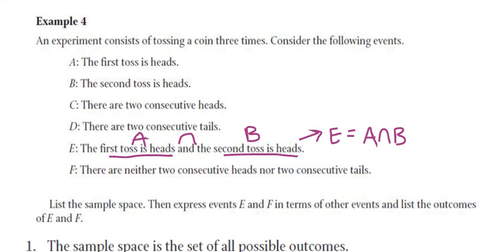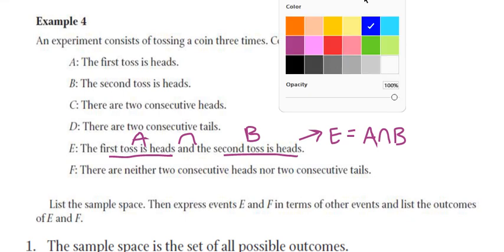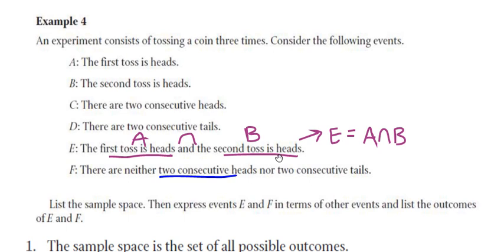Now here, the third one, or C here says there are 2 consecutive heads. D says there are 2 consecutive tails. Well, F says there are neither 2 consecutive heads nor 2 consecutive tails. So basically, we don't want D to happen, and we don't want C to happen because 2 consecutive heads would be C. So I want not C to happen, nor, or I don't want 2 tails.